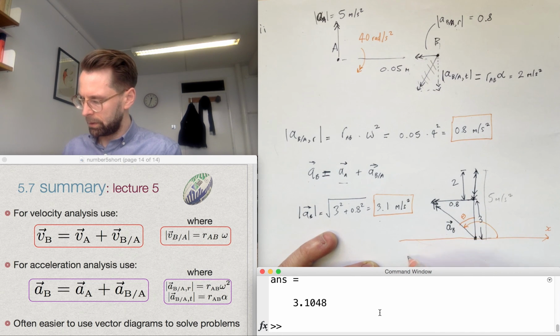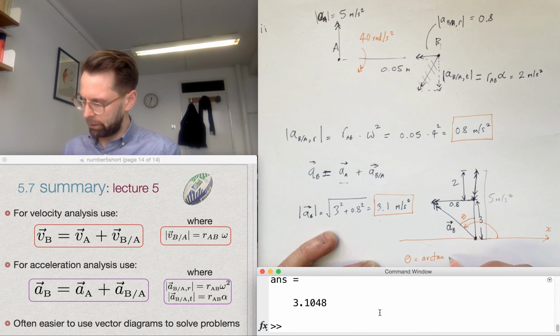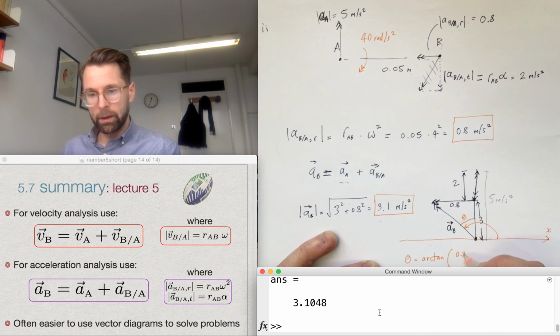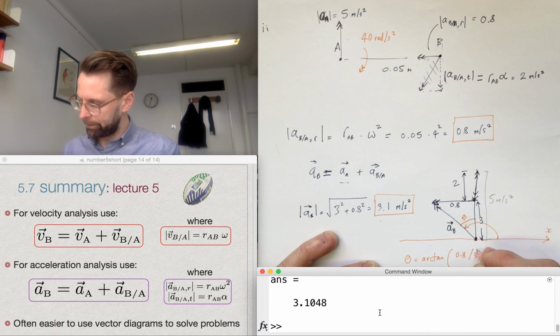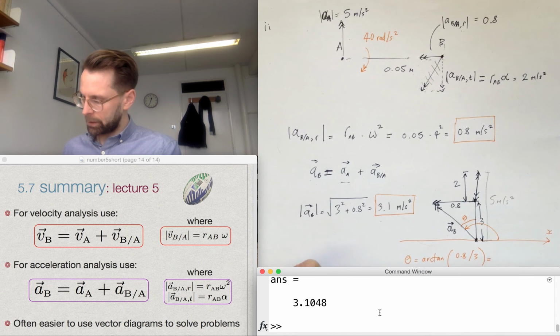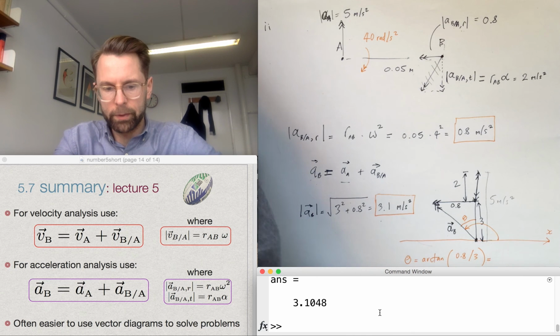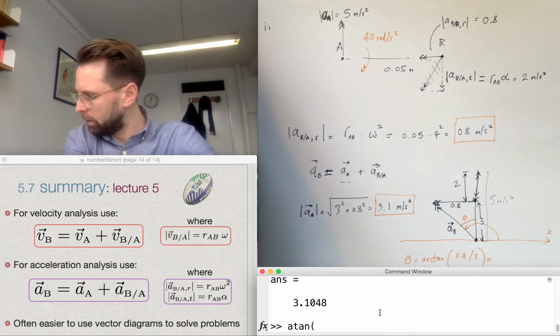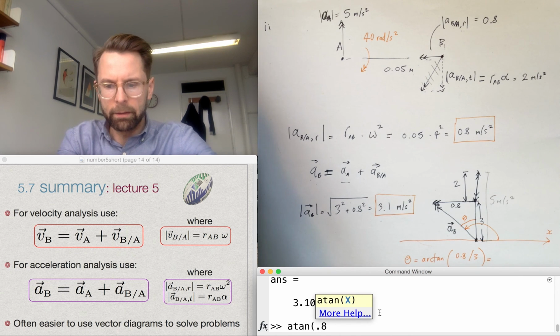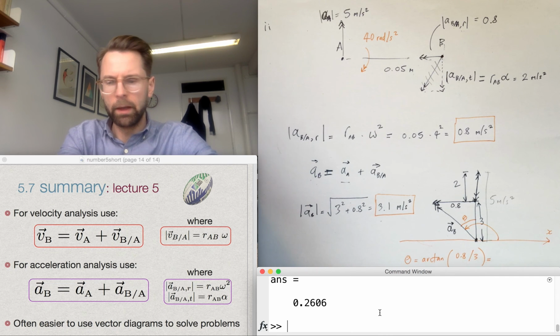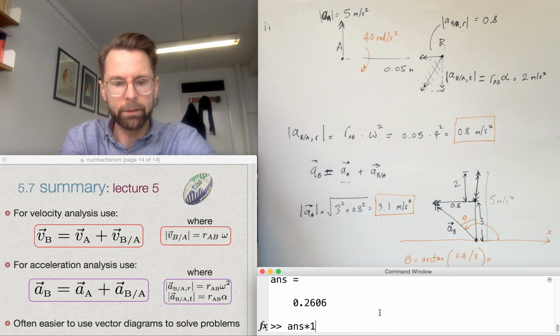So theta is going to equal the arctangent of 0.8 over 3. We want that in degrees, so times 180 divided by pi.